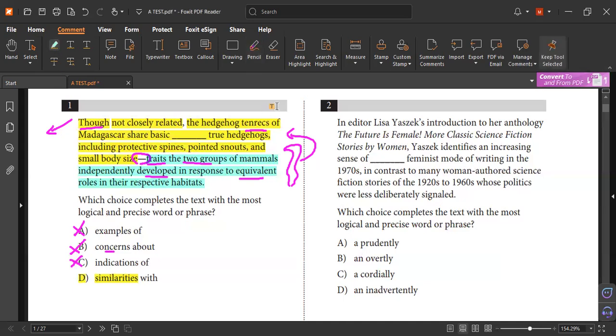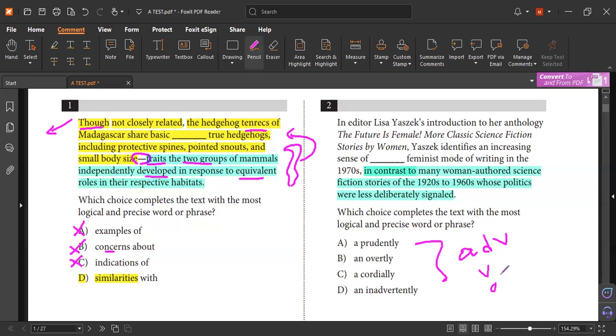Let's follow the techniques. What is it? He said here, in contrast to, means your answer here is opposite to this information. This is number one. Number two, all of these adverbs. And what does an adverb modify in language?